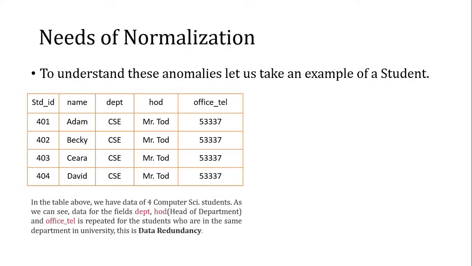So it comes again and again for the four rows. If there are more than 100 students, we are inserting the same data 100 times without any reason. So this is data redundancy.